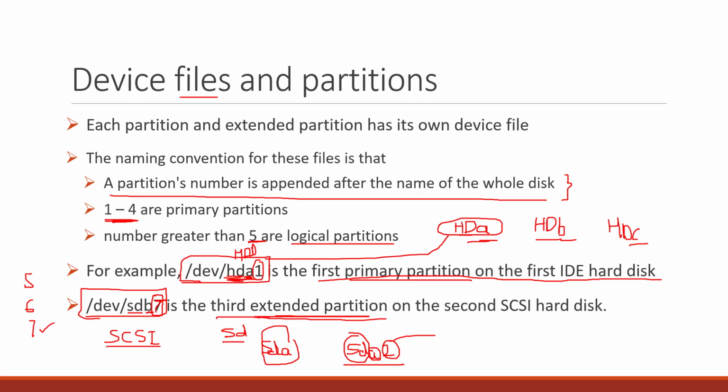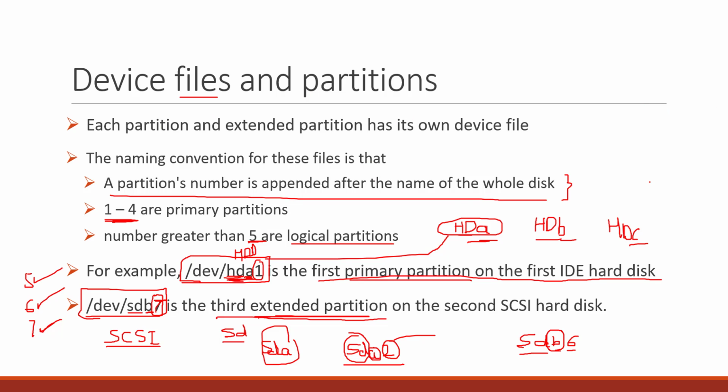If it was SDB6, for example, it means that this is our SCSI hard drive, second hard drive, and this is our second extended partition, because after 4 we have 5 as the first extended partition, 6 as the second, and 7 as the third. So these are normally the conventions we use for our hard drives.